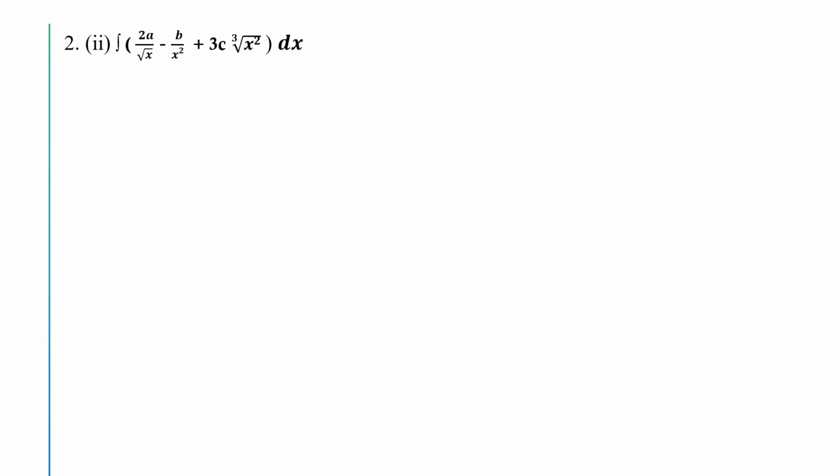The next question, integral of 2a by root x minus b by x square plus 3c into cube root of x square dx.